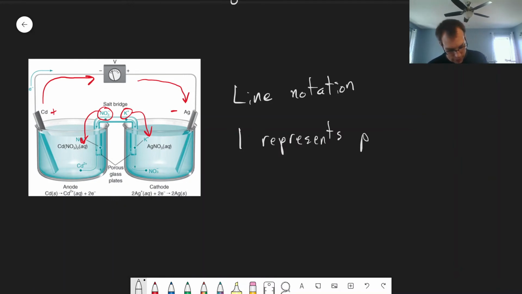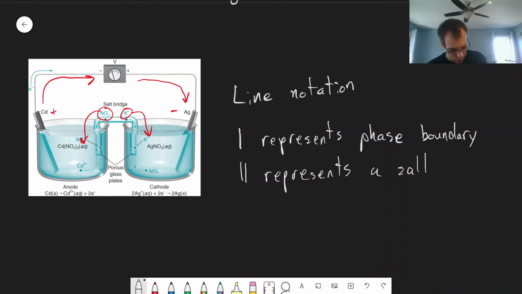Most commonly, it'll be aqueous and solid phases. Two vertical lines represent a salt bridge, a way of connecting parts of our galvanic cell without them being directly connected, where electrons can flow.